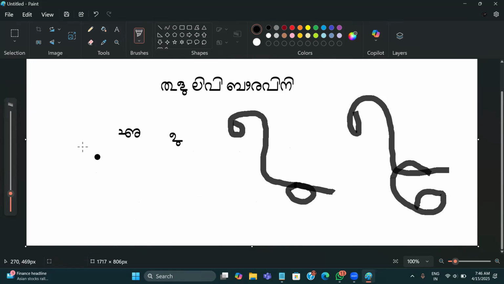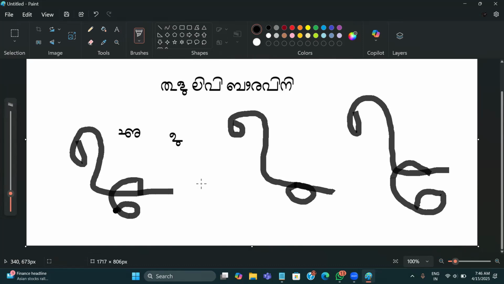For example, I will show you again. A smaller round, like a six round, they used to put. Sometimes they use this thing also for U.